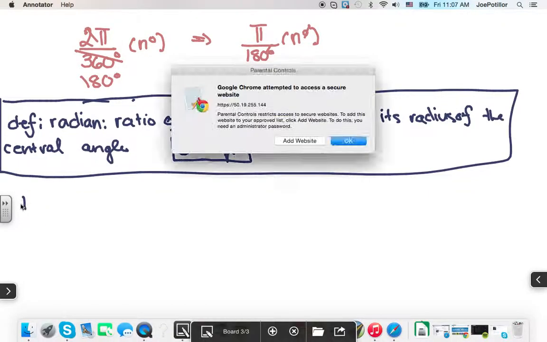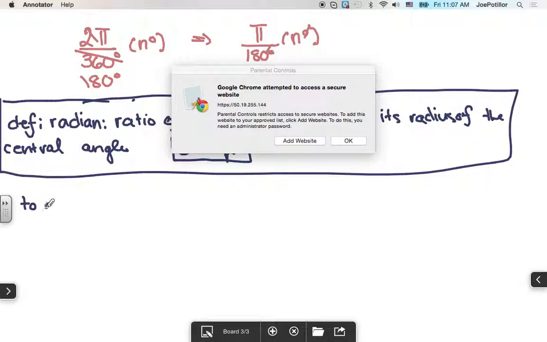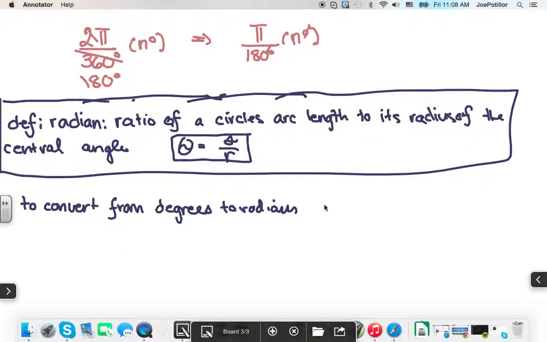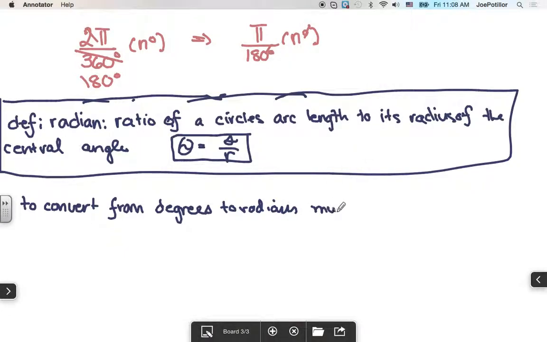To convert from degrees to radians, we multiply by, of course, pi over 180 degrees.